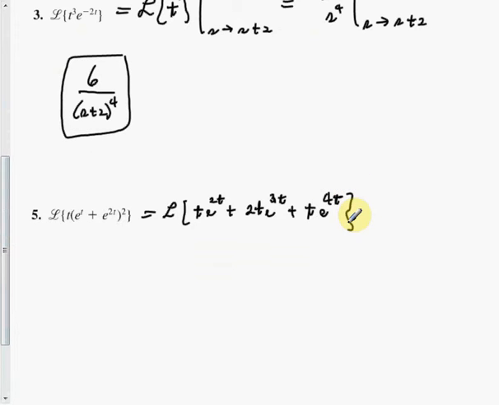So you're going to do that in 3 parts. This is the Laplace transform of t times e to the 2t, plus 2 times the Laplace transform of t times e to the 3t, plus the Laplace transform of t times e to the 4t.